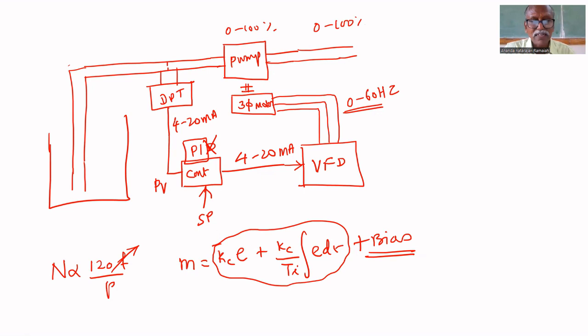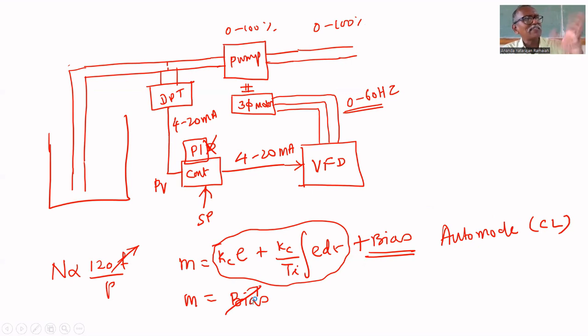It means in manual mode, we are adjusting the bias. Whatever the controller output in manual mode will be included in the auto mode. This is the controller output in auto mode. Auto mode means closed loop. Manual mode is M equal to only bias. Manually, we can adjust the value.